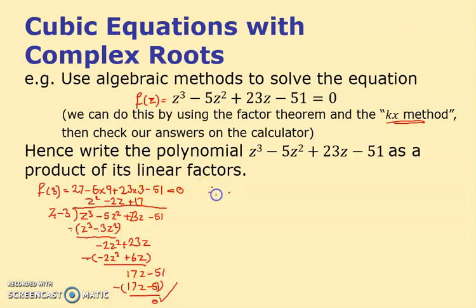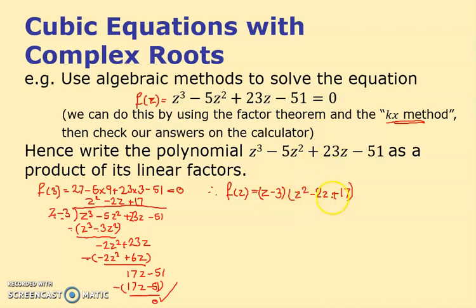So therefore, my polynomial, my f of z, is now equal to z minus 3 from here, times z squared minus 2z plus 17. And now effectively it says write it as linear factors.